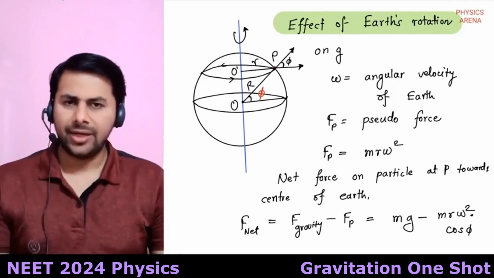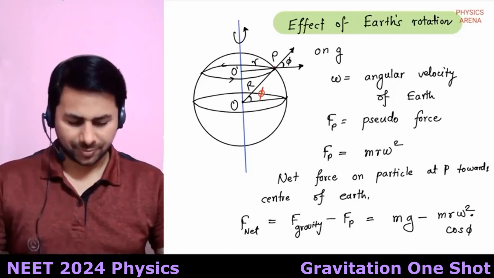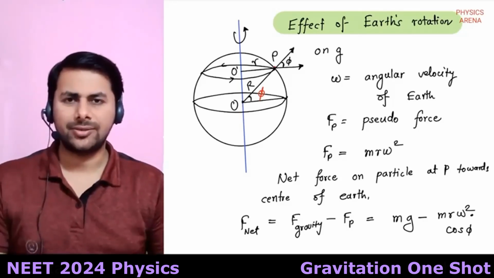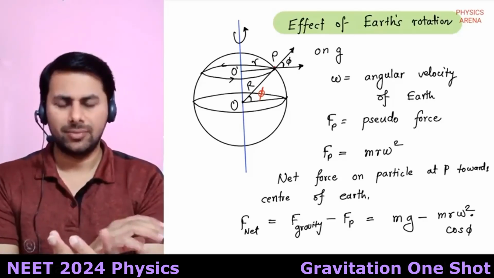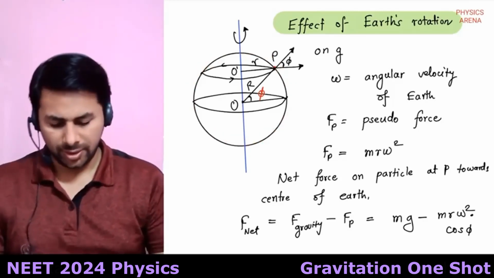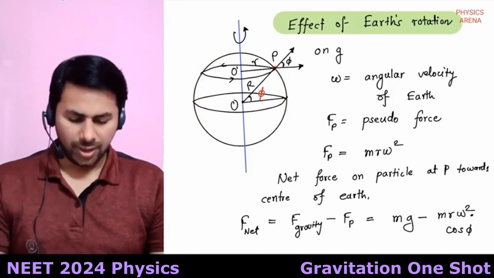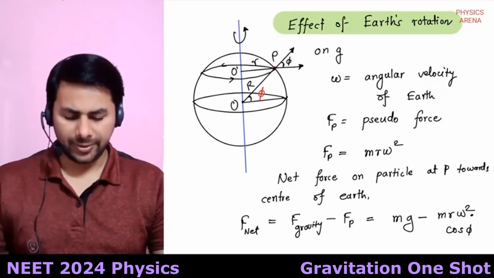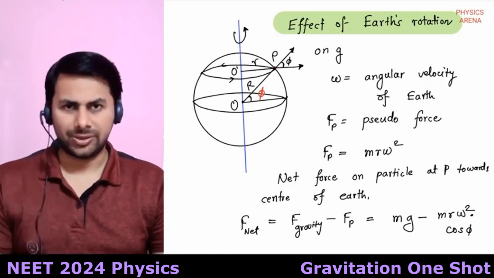Next is the effect of Earth's rotation on acceleration due to gravity. So what happens when Earth rotates? What will happen if something rotates? Because of the rotation of Earth, each body on Earth's surface needs some centripetal force.